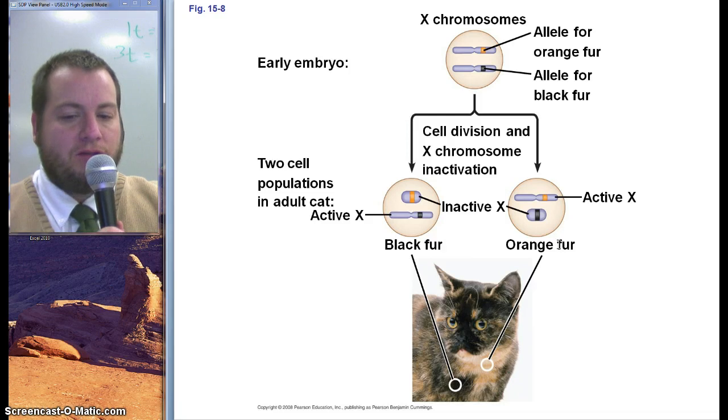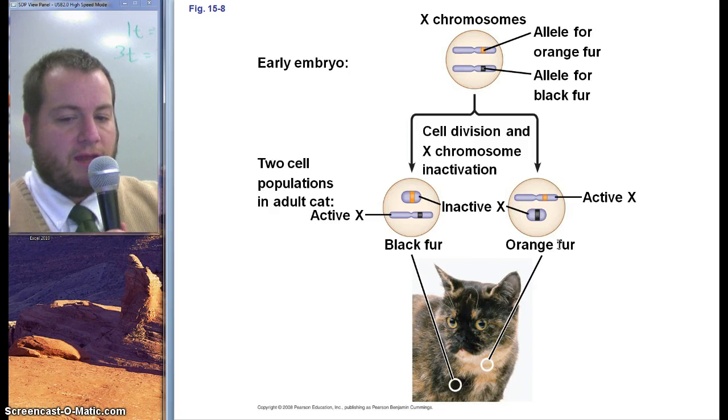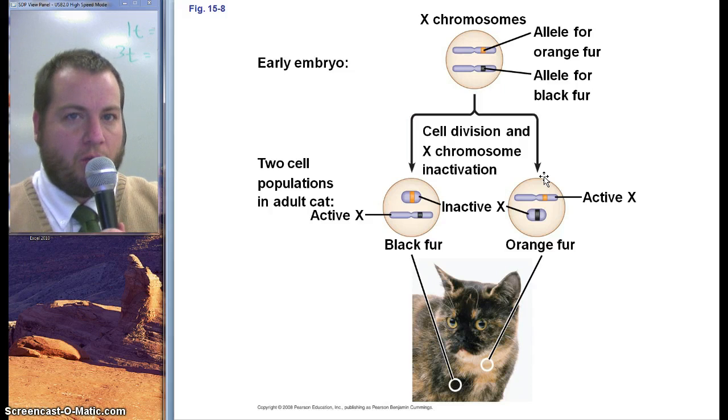So the X inactivation still occurs, and they can have the same pattern of fur color in a male calico cat, but that is a very, very, very rare occurrence. First of all, they have to have that non-disjunction and have the XXY syndrome, and they also have to be heterozygous for orange and black fur at the same time.